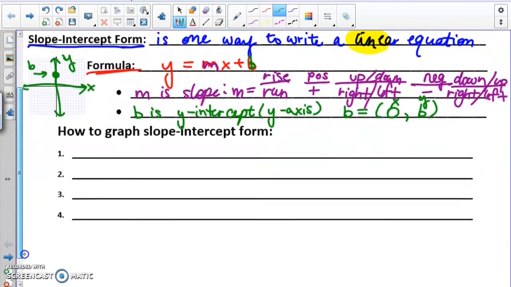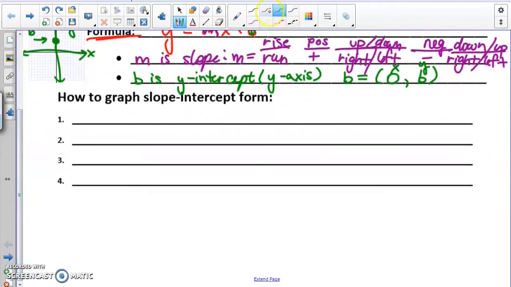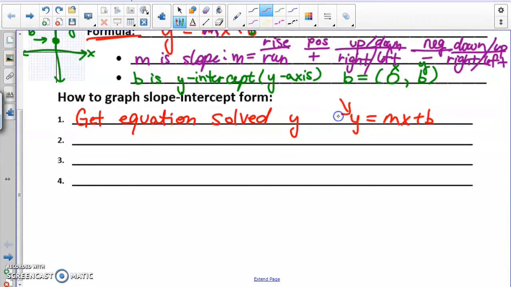Now let's see how to graph slope-intercept form. The very first thing we have to do is get the equation into slope-intercept form. One way to say that is get the equation solved for y. Notice that in slope-intercept form, y is by itself, so y equals mx plus b. Y is the variable we're going to solve for, the variable we're going to isolate.